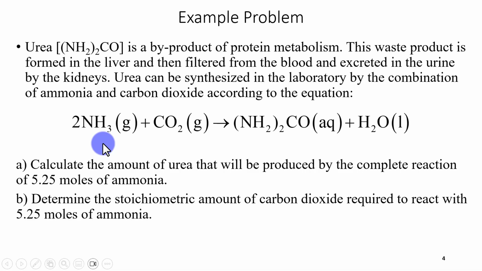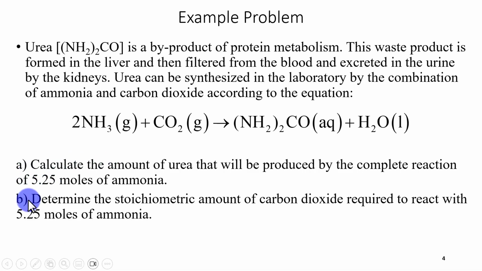First thing that you're going to do, you guessed it, you're going to have to figure out whether it's balanced or not. And this one is balanced, but go ahead and try it just to make sure that you know how to actually account for whether a reaction is balanced or not.